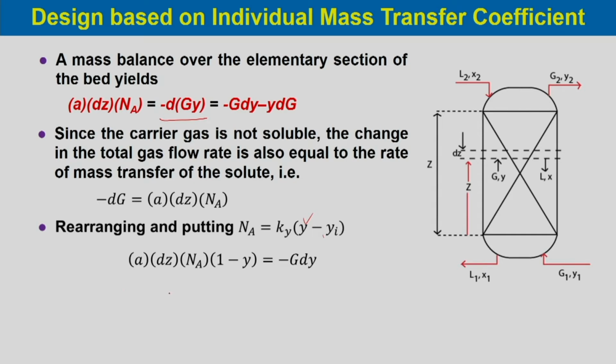So, we can write a dz Na into (1 minus y) equal to minus G dy.